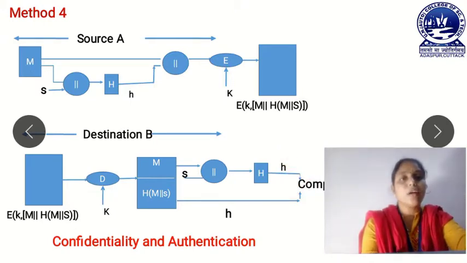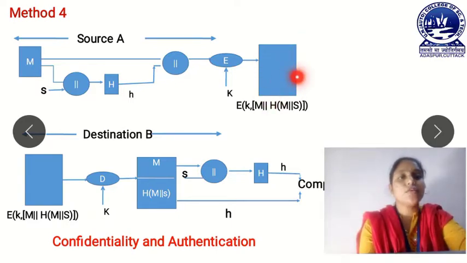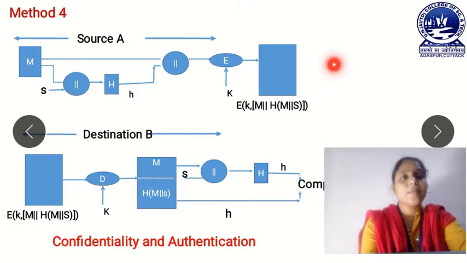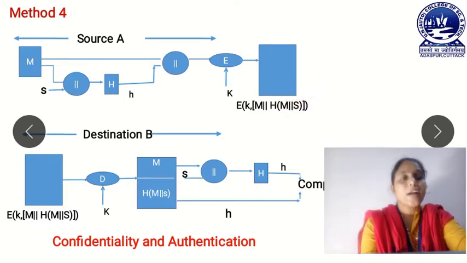Now check for the confidentiality. Look here, this is the actual message which is transmitted over the network. If the attacker takes this message and wants to get the original message or plain text, the attacker must decrypt this message because it is encrypted.